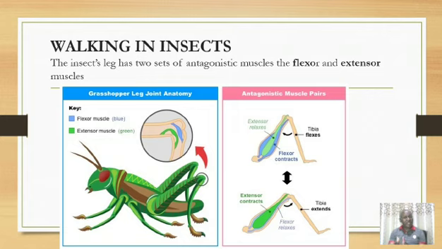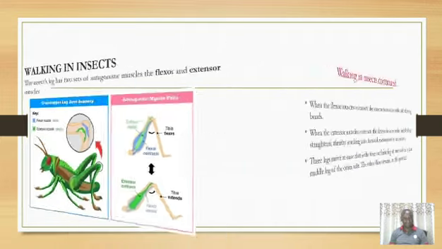When we look at this visual with the pink heading, we can see that when the extensor muscles relax, the flexor muscles contract. When the extensor contract, the flexor relax. Therefore, the two sets of muscles are antagonistic. Now, after knowing that locomotion or walking is brought about by flexor and extensor muscles, how does the leg bend and how does it straighten?